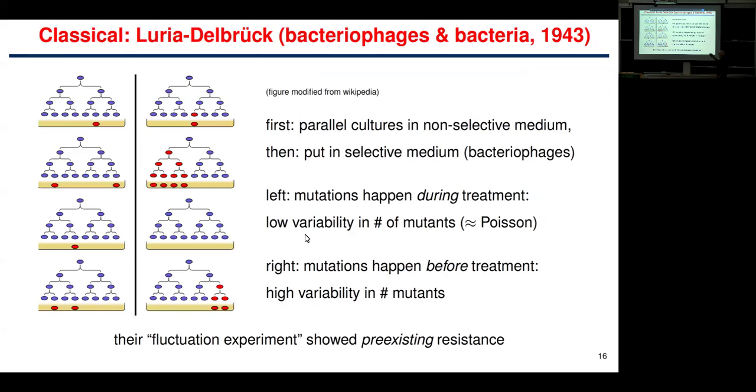They showed, and Doran already talked about this, so I was going to go over this slide, but I won't unless you want me to, or I can do it later. But basically what they showed by doing this pretty interesting experiment was that resistance was pre-existing, and did not arise during treatment. What you need to do is look at the Fano factor of the distribution.